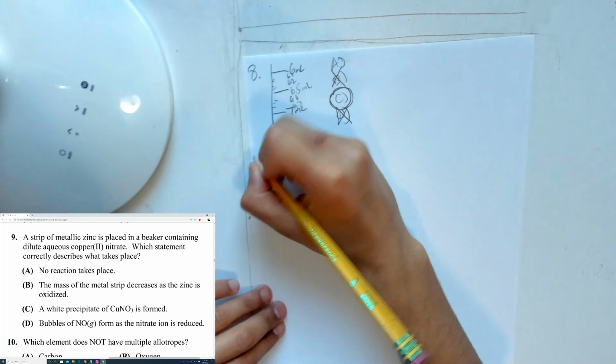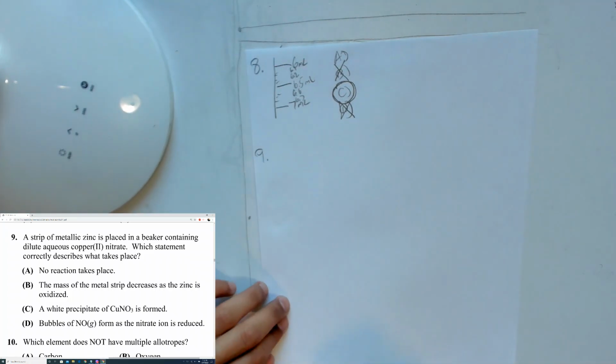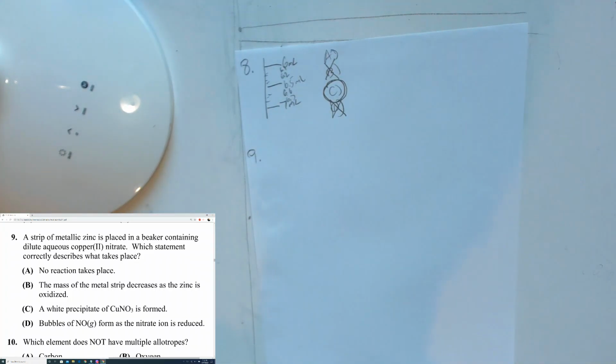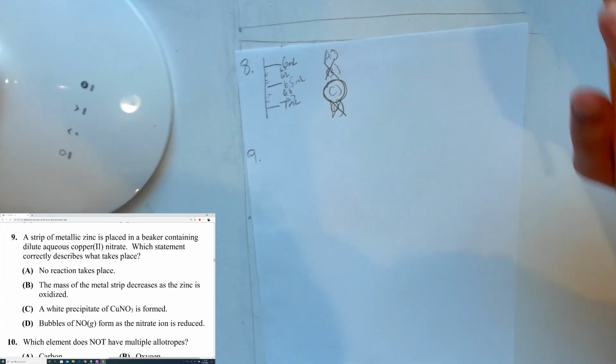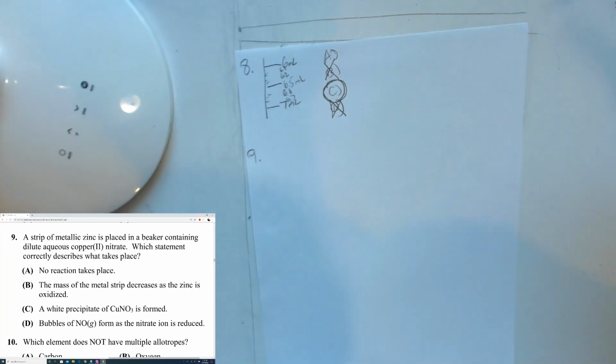9. Some good descriptive chemistry. So a strip of metallic zinc is placed in a beaker containing dilute aqueous copper nitrate. Which statement takes place? Okay. So you want to memorize your reactivity series, right? So you always want to know that copper, gold, and I think silver, right?